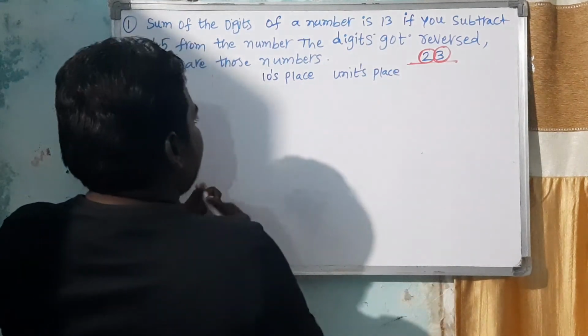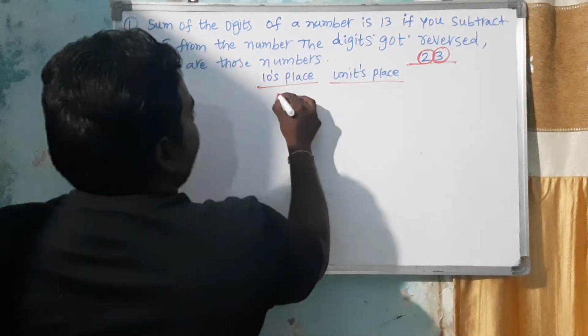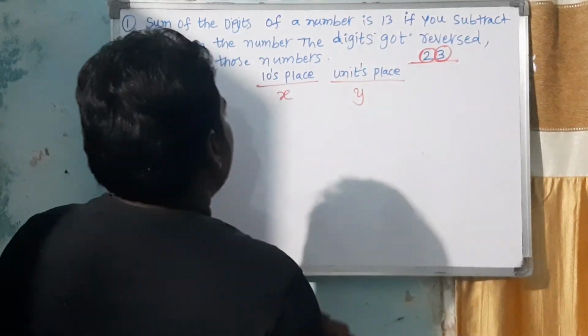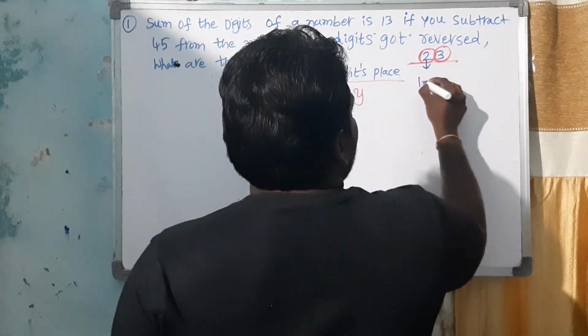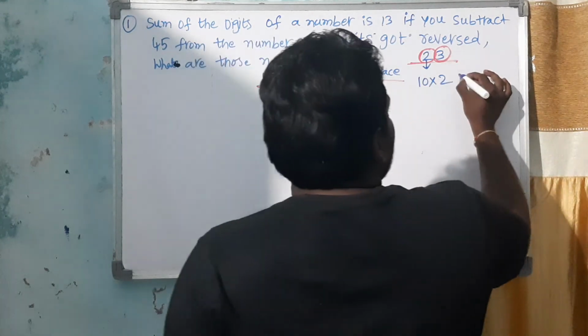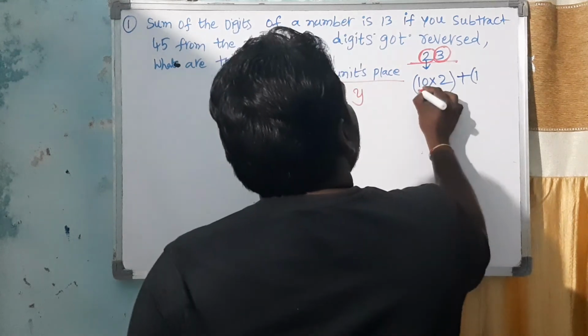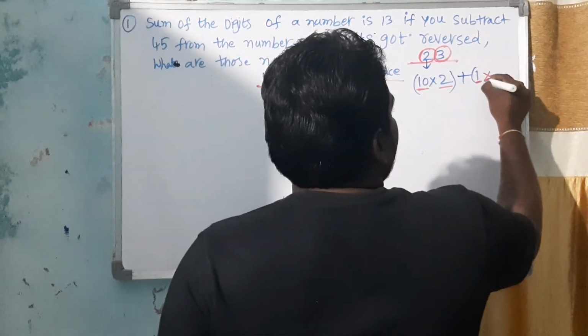In the sum of the digits, if you take tens place x, units place y, the number will be like this. In tens place, 10 into the digit plus 1 into the units digit. In tens place 2 is there, so 10 into 2. In units place 3 is there, 1 into 3.